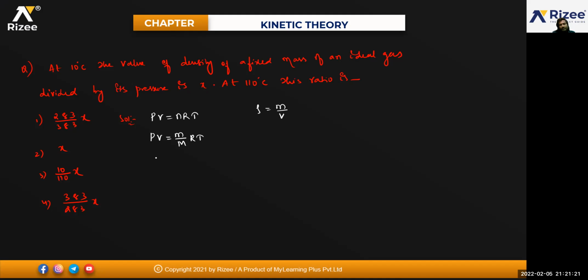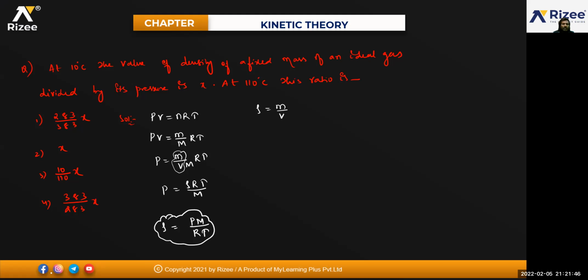So I can write here P is equals to mass by volume into capital M into R into T. Mass by volume can be taken as density. So P is equals to rho into RT divided by capital M. So from this one I can write density is equals to P into M divided by R into T. So this is the formula for density.